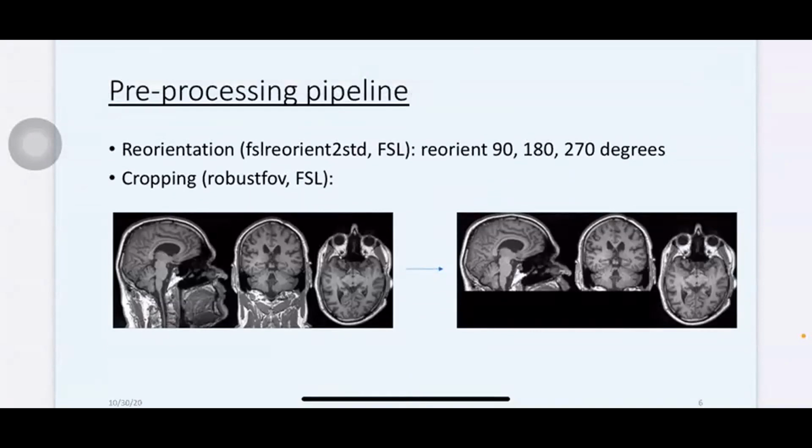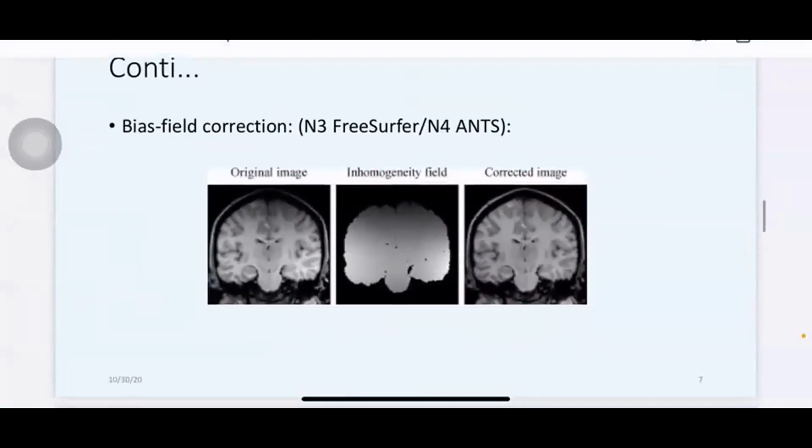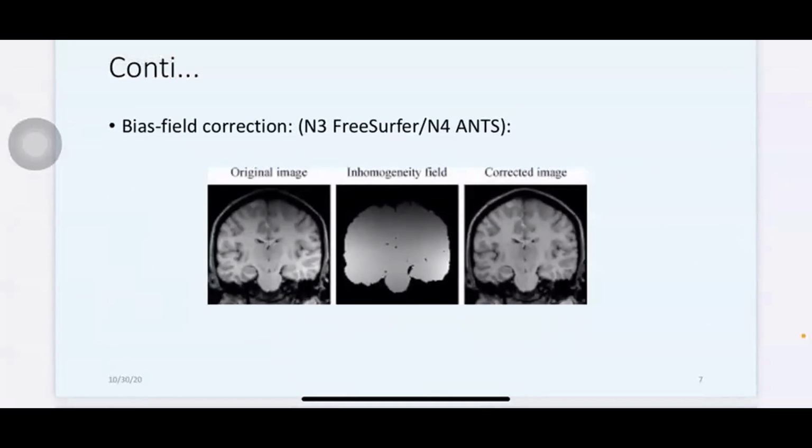So once the images are acquired, they have to undergo reorientation so that they come to the standard orientation. And then the second step involves cropping, so removing the unwanted portions using the robust FOV tool in FSL. And then the most important step is the bias field correction. So this could be implemented using two methods, which is N3 in FreeSurfer or N4 in ANTs.